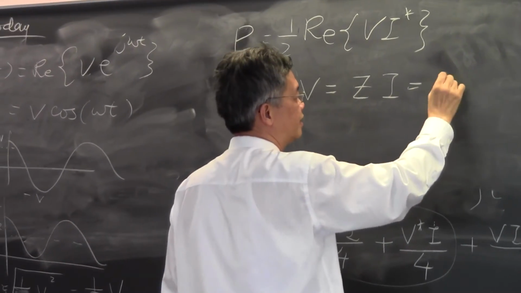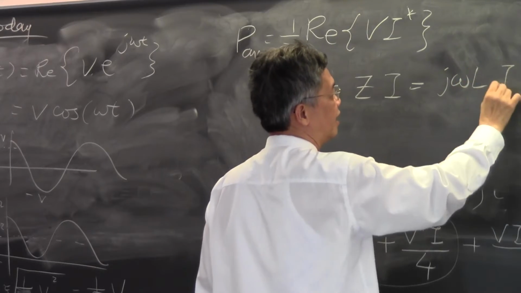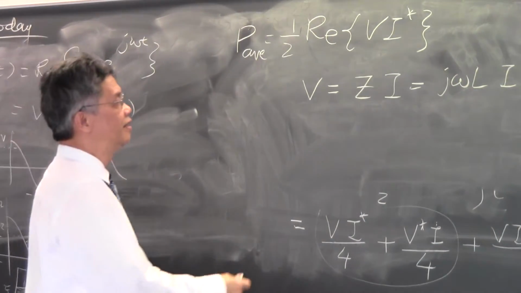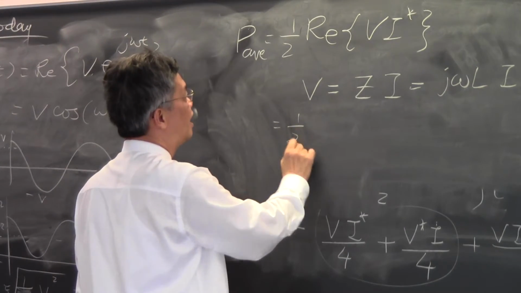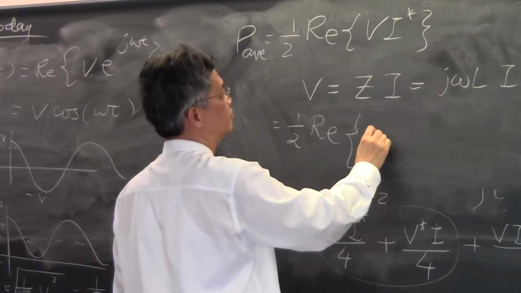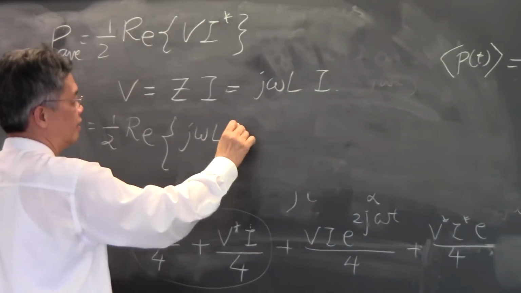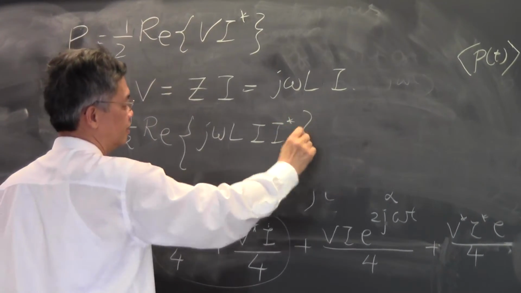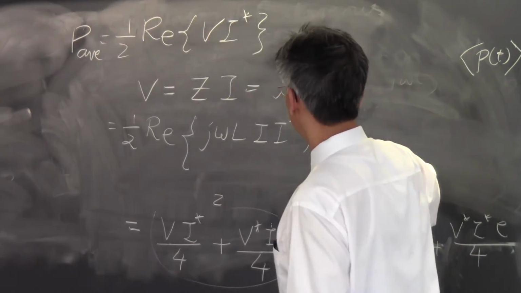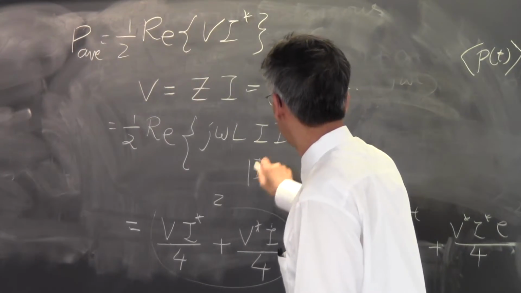And then for an inductor, this is j omega L i. If you plug that in there, you get half the real part of j omega L times the magnitude of I squared.